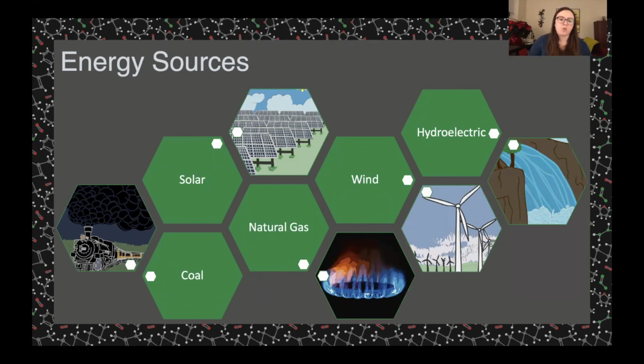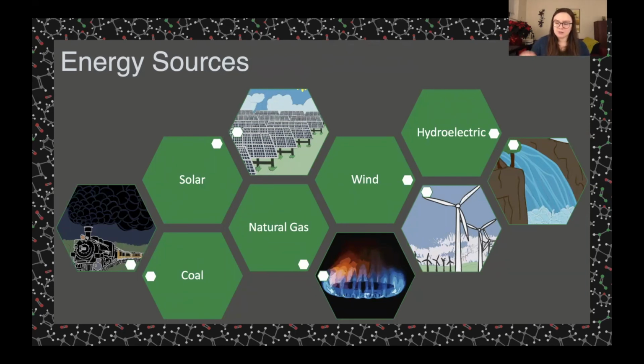So you've got coal and that big, ugly plume of black smoke from a coal-powered train. You've got natural gas down at the bottom. You've got solar and wind and hydroelectric. In most cases, all that you want in order to generate this electricity is you need electrons to flow. So most of them use magnets and turbines in order to achieve this.